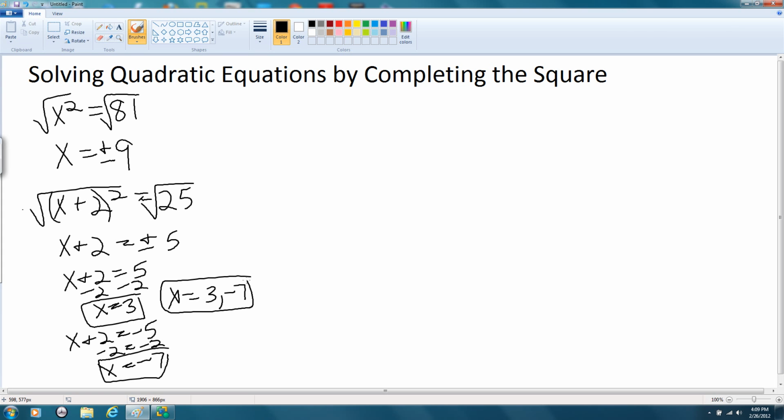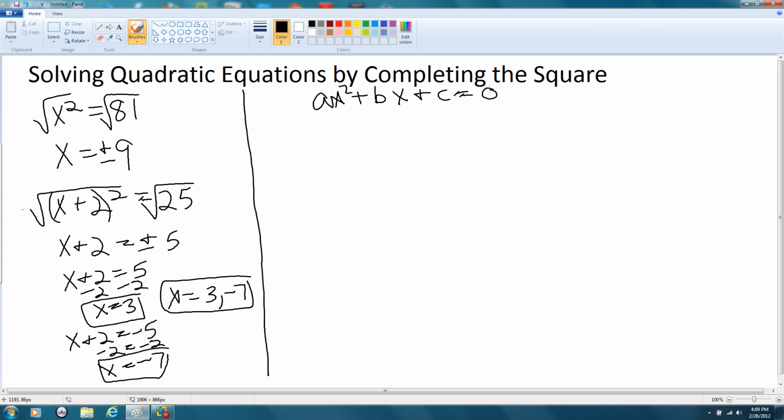Okay, so our goal is now to get things that are in the form of ax squared plus bx plus c is equal to 0 and fit them into this type of thing. Later we'll do that in a generic way and develop something called the quadratic formula.